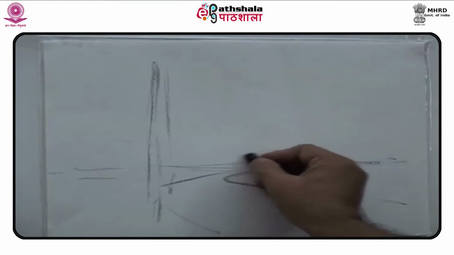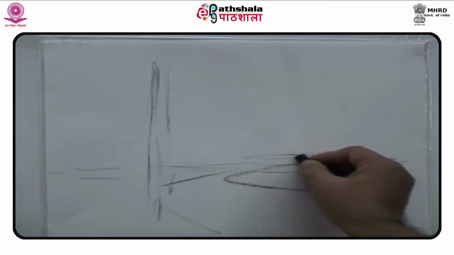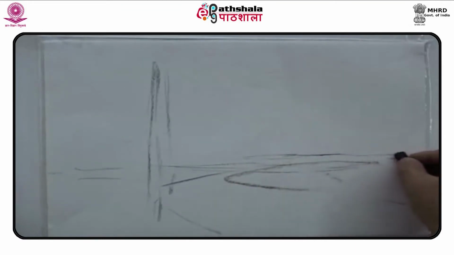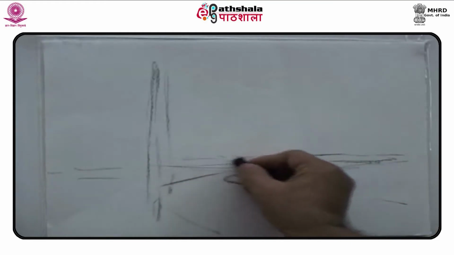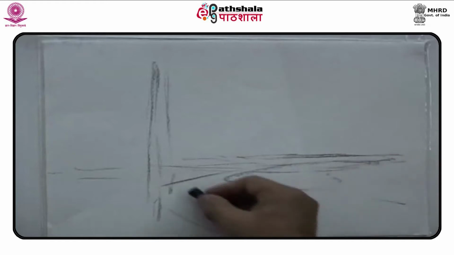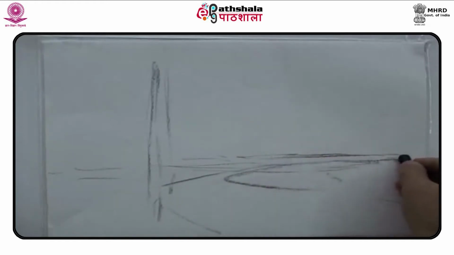This is a simple method of division of space. To keep the eye on the road itself, draw another line which leads to the bend of the road.